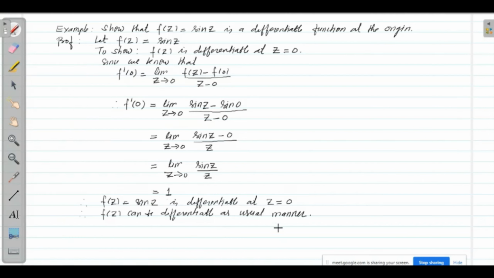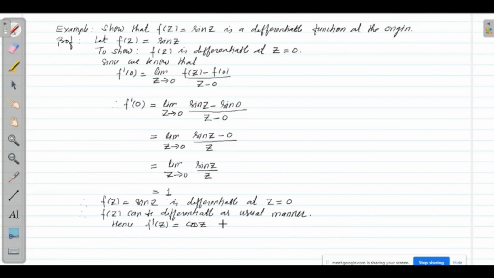Usual manner means like in lower classes, where we differentiate the sine, cos, exponential and logarithmic functions as general functions. So f of z can be differentiated in the usual manner. Hence f dash of z equals cos z.